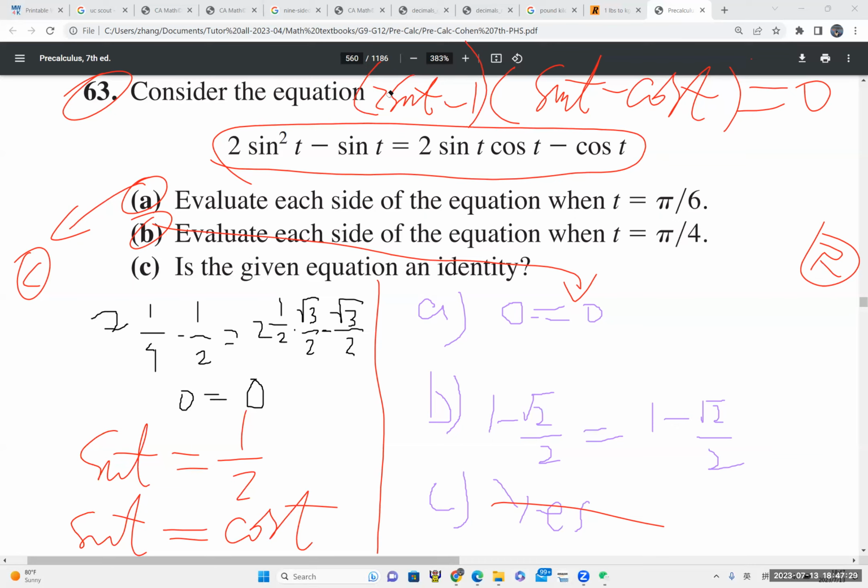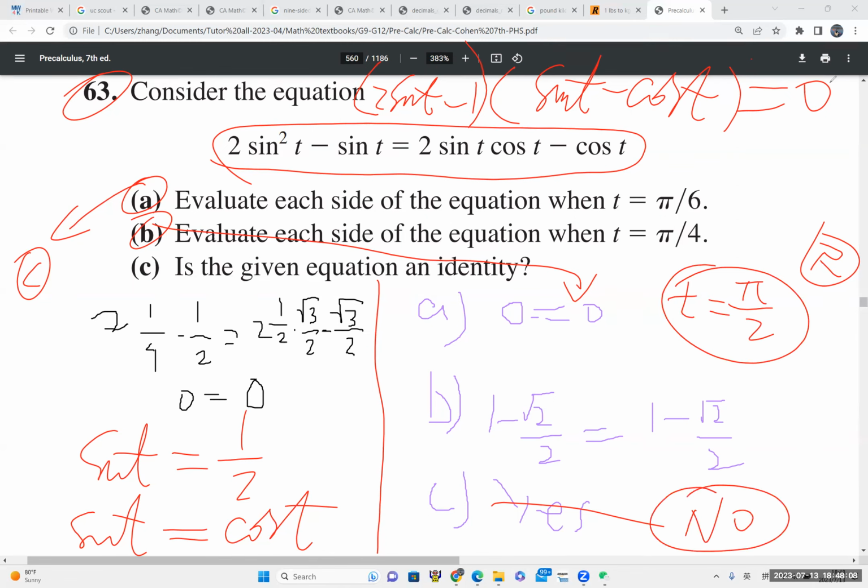If t is pi over 2, then sine t is 1, so 2 times 1 minus 1 is just 1. Sine t is 1, cosine t is 0, so 1 times 1 is still 1. 1 is not equal to 0, right? So anyway, it's not an identity.